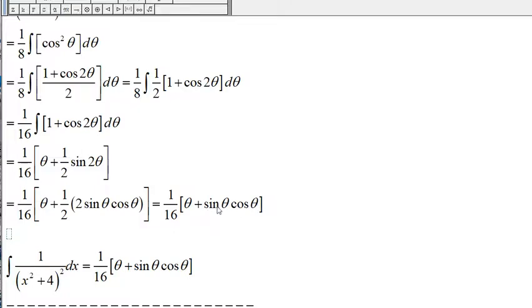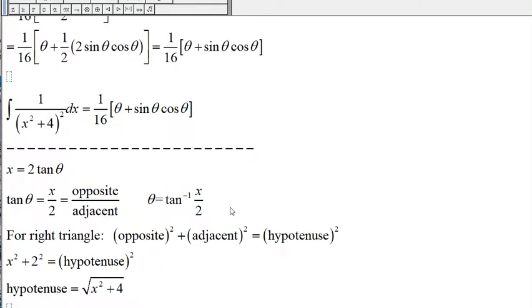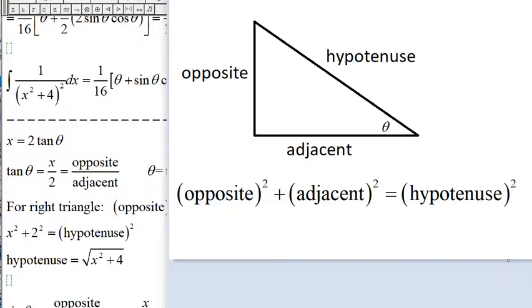And now let's write theta in terms of x. Earlier we have x equal to 2 tangent of theta. Dividing by 2, we get tangent of theta is x over 2. This is the angle theta, with the opposite side, adjacent side, and hypotenuse. In the right triangle, opposite side squared plus adjacent side squared equals hypotenuse squared.